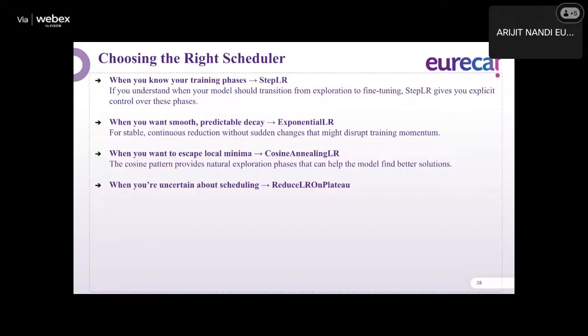If that's the case, then reduced LR on plateau is the option, because it depends on your validation loss, the particular performance metric that you have mentioned, and also the patience that you put, how long you should wait. If the performance is not improving, it changes the learning rate.